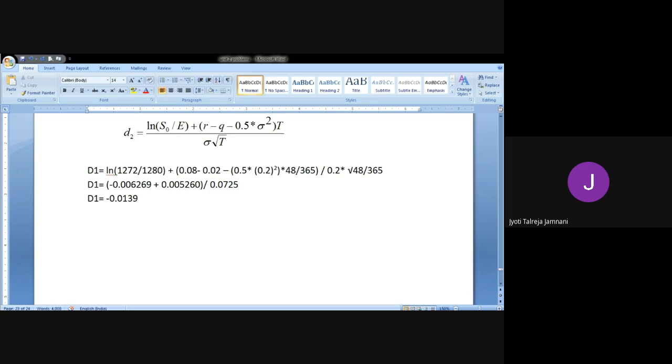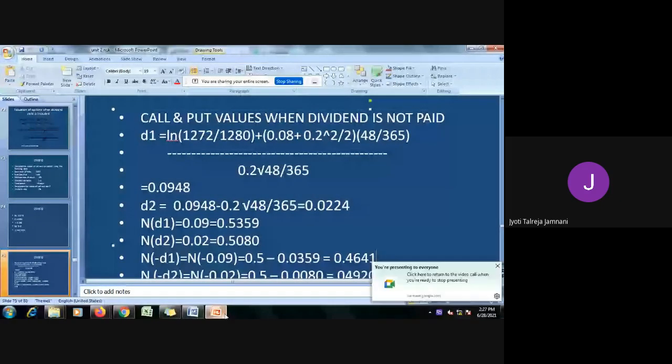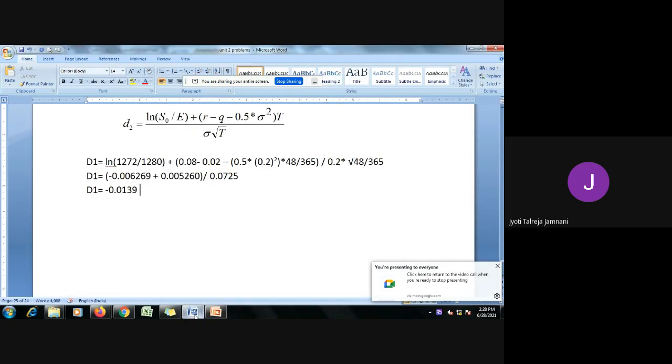I had it solved already. 0.0948 is what I get there. And when we did it now, I'm getting it as minus 0.0139. So something I'm doing wrong. Just cross check what answer you're getting. I'll also check it once.